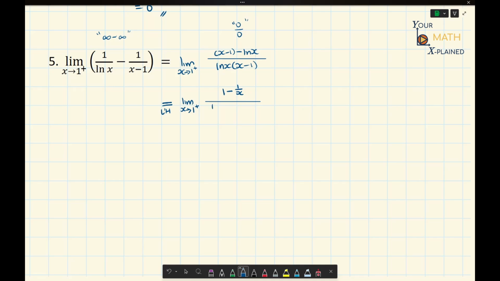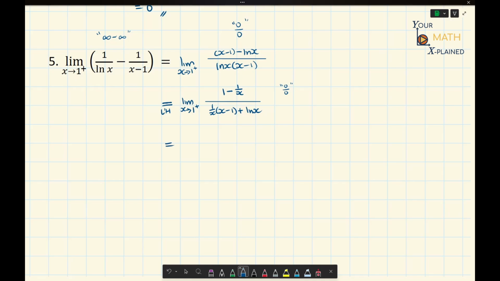So this is 1 over x times x minus 1 plus ln of x. So here we can see that if we attempt to substitute in 1, this is still in the form of 0 over 0. And you're welcome to apply L'Hopital's rule again immediately, or we can attempt to simplify this a little bit to make our lives a little bit easier.